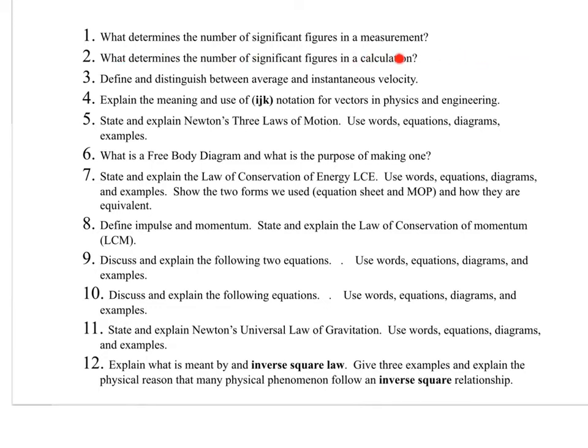So you should know that rule. That's in a calculation, but in a measurement, what determines it? What determines it is the instrument used and the person using the instrument. If you have an instrument that allows a lot of precision, a lot of digits, a lot of significant figures, you get more. Also the person using it, if you can use the instrument correctly, if you can use a ruler and read between the lines.